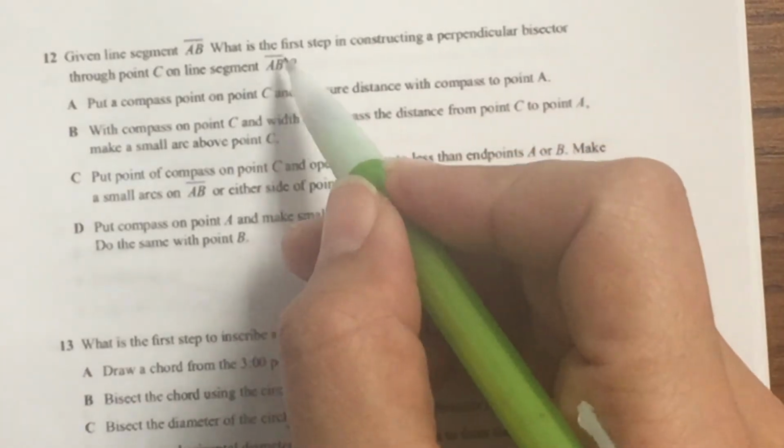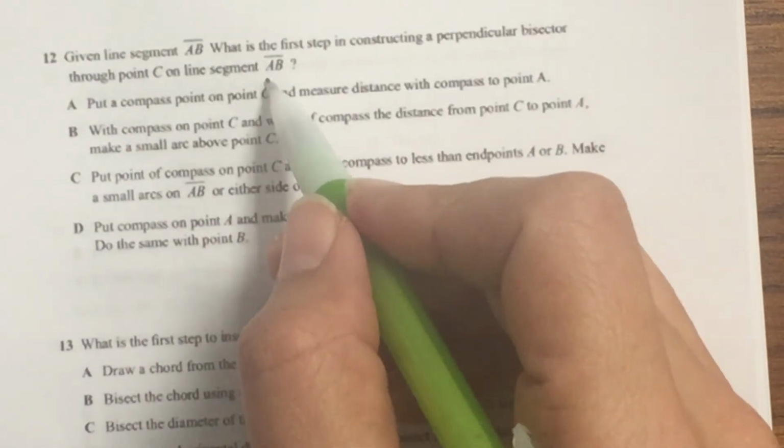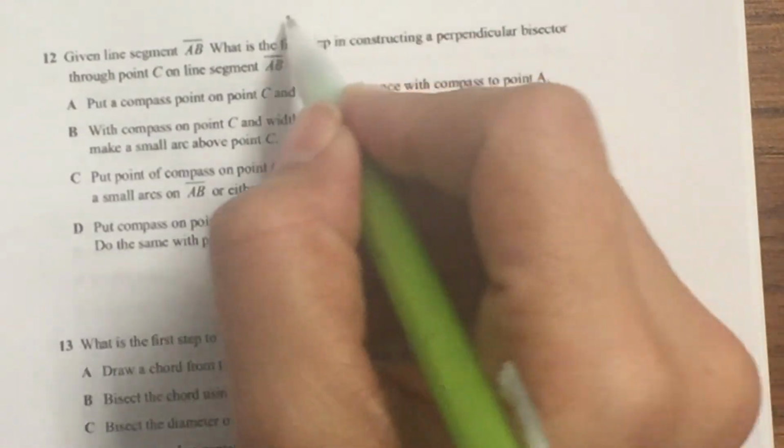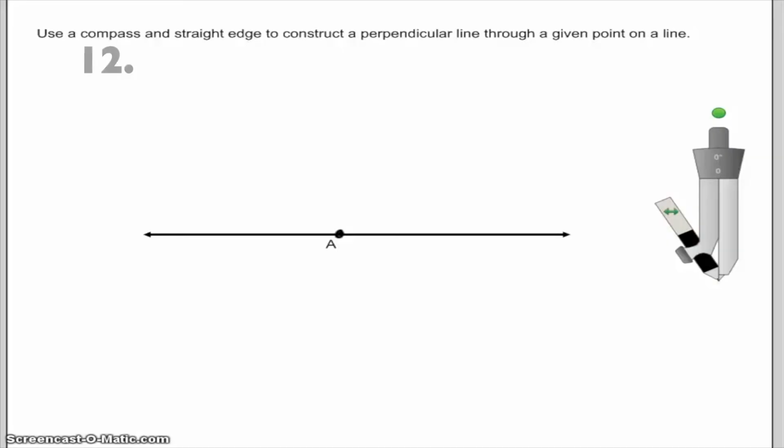Given line segment AB, what's the first step in constructing a perpendicular bisector through point C on AB? So here's AB. Here we're going to use a compass and a straight edge to construct a perpendicular line through a given point on a line.